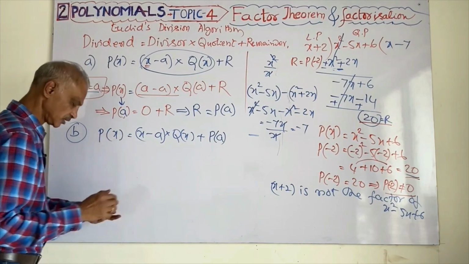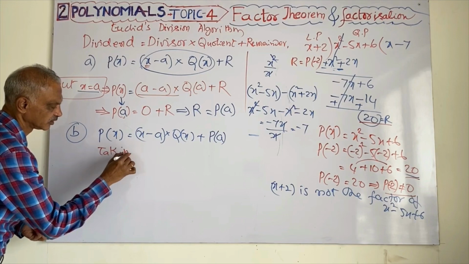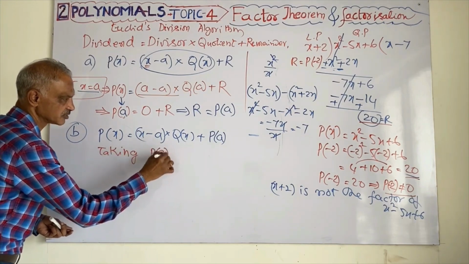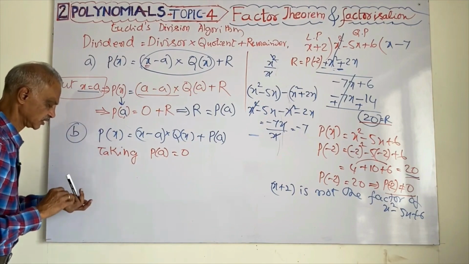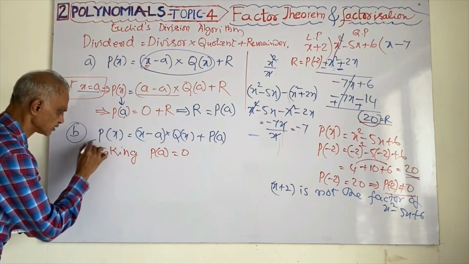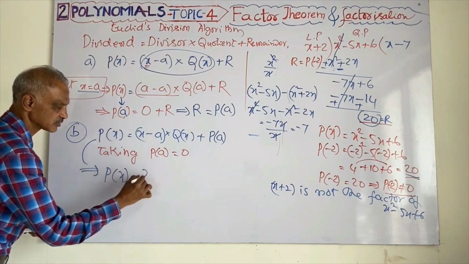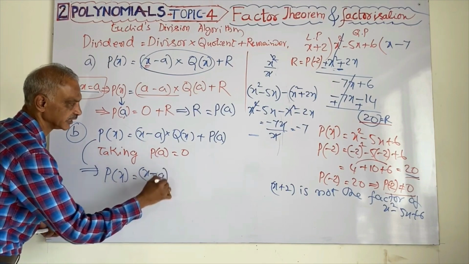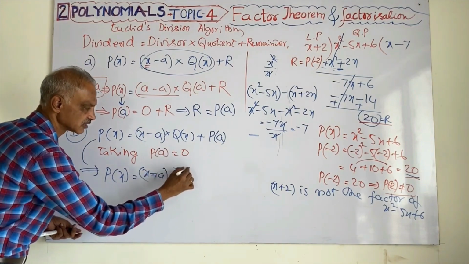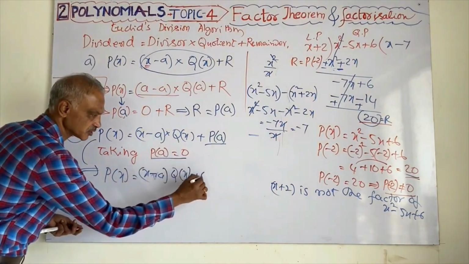How do you see? Now you take p of a is equal to 0. I will substitute p of a is equal to 0 in this one. This implies p of x is equal to x minus a into q of x plus the remainder, p of a, which is 0. You substitute 0 here.